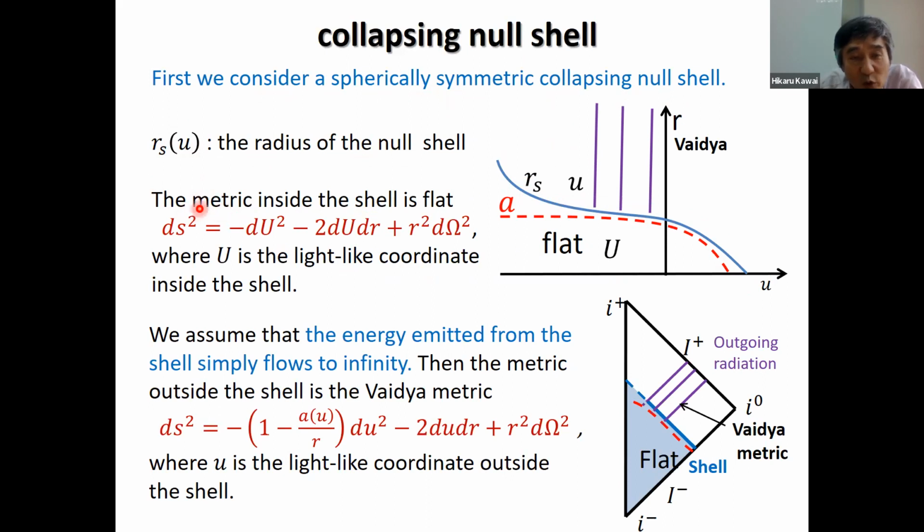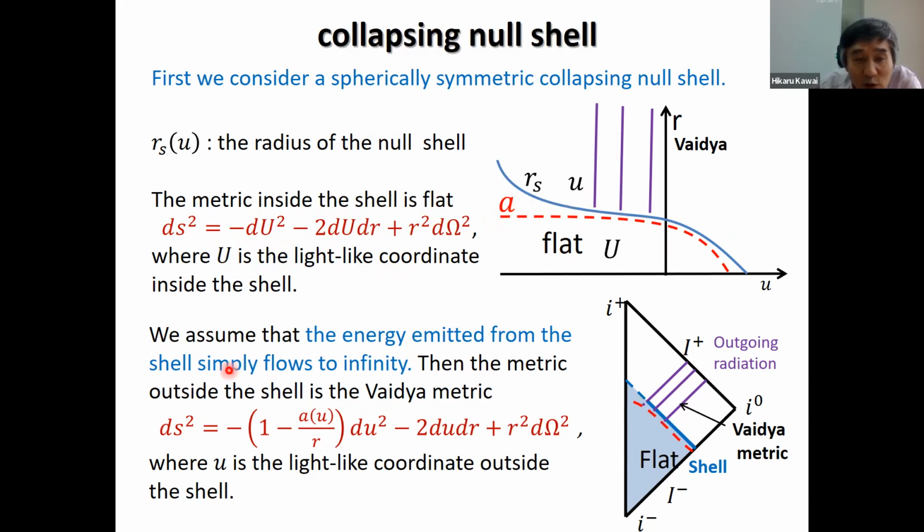And the metric inside the shell is flat. We are considering a thin shell, so the metric inside should be flat. The metric inside can be written using the retarded coordinate capital U, and this is just flat Minkowski space: ds squared is minus dU squared minus 2 dU dr plus r squared d omega squared. So this part is just flat.